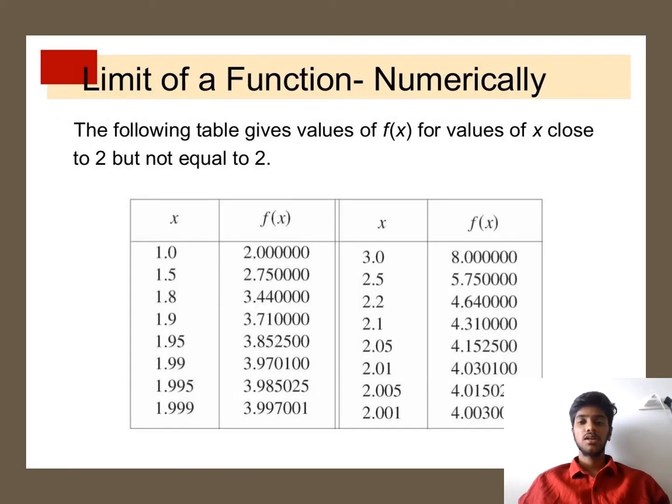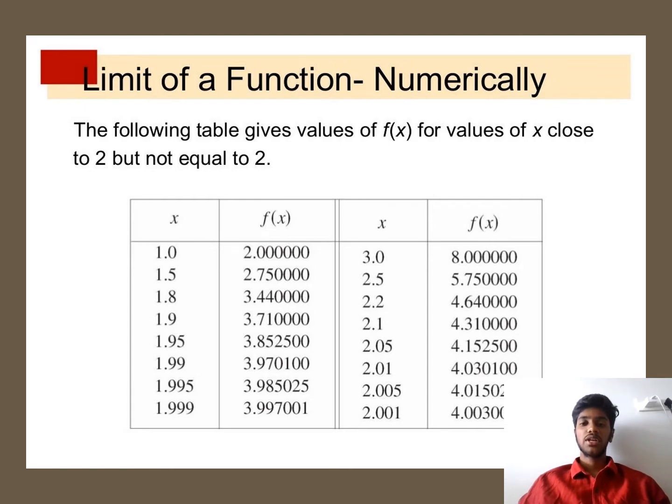The following table gives values of f(x) for values of x close to 2 but not equal to 2. If x is 1.0, then f(x) is 2.0. If x is 1.5, then f(x) is 2.75. If x is 1.8, then f(x) is 3.44.